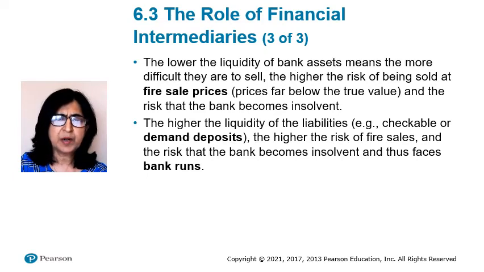The capital of the bank would now be down to 90 minus 80 equals 10. Its leverage ratio would increase to 90 over 10 equals 9 from 5. The bank is still solvent, but it is clearly more at risk than it was before.